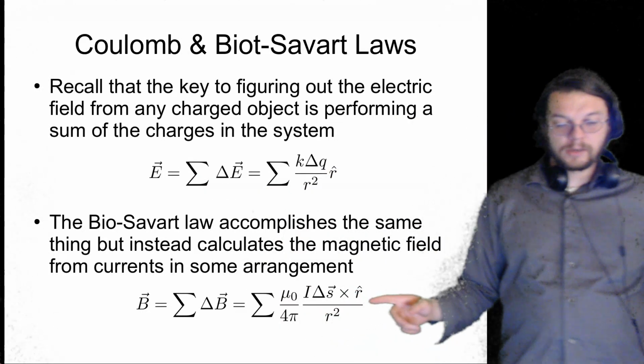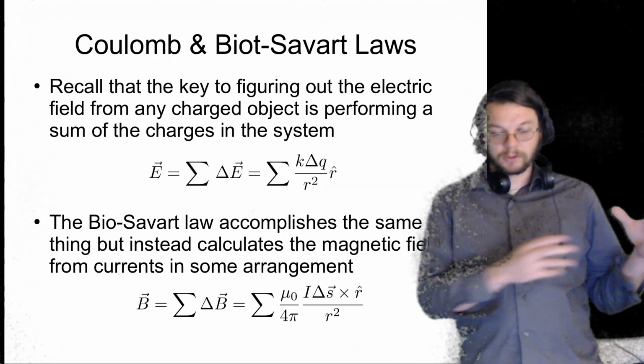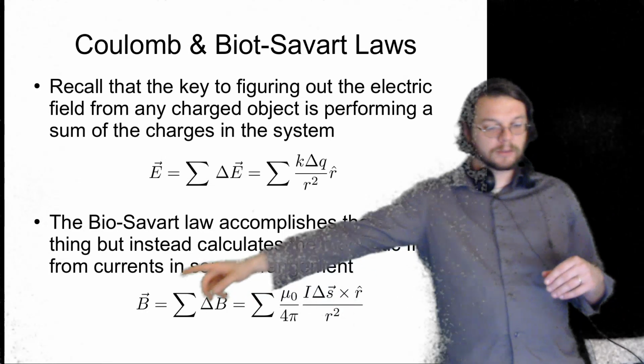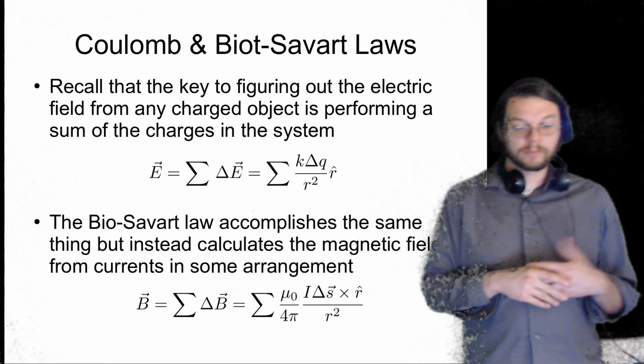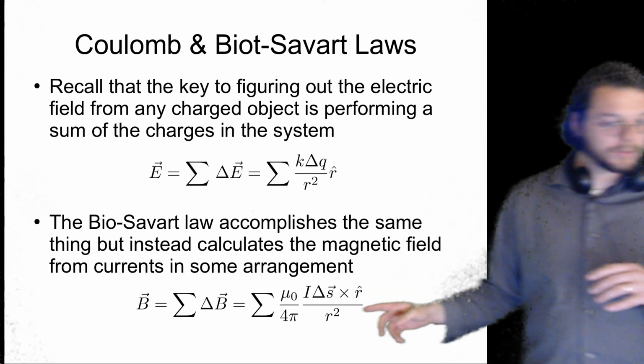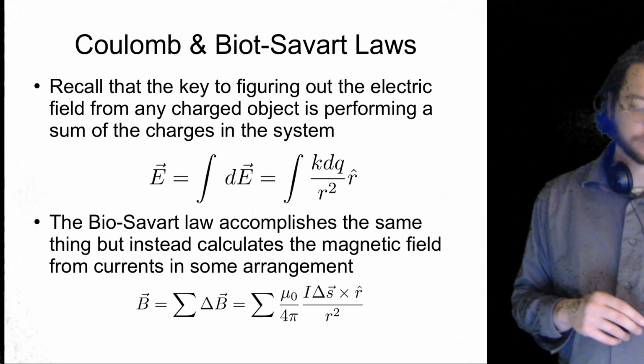With currents, we are going to do something that's qualitatively similar. We're going to say, all right, there's a current over here, and a current over here, and a current over here. We're going to add up all those things to get the overall magnetic field from some arrangement of current. This equation probably doesn't mean much to you right now, but I'm going to give you some examples of how to apply it.